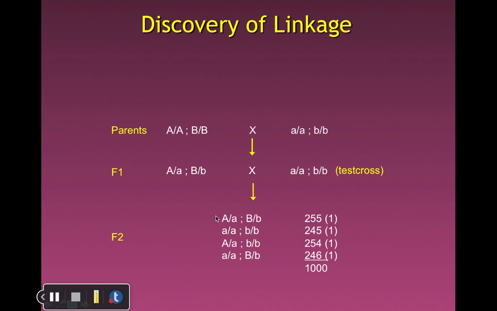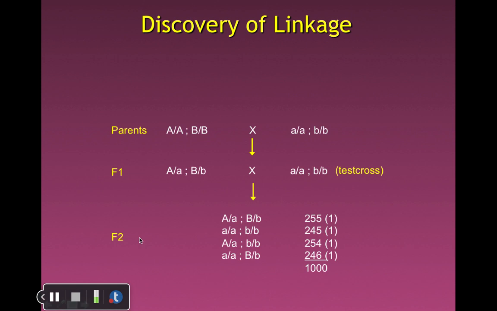What you should see, and hopefully this logic makes sense to you, is that you would get these four combinations of alleles in the offspring, in the F2 generation, in a 1-to-1-to-1-to-1 ratio. And so if you actually did a cross like that, and you get some numbers like we see here, 255, 245, you could probably just look at those and say, yeah, those are pretty close.